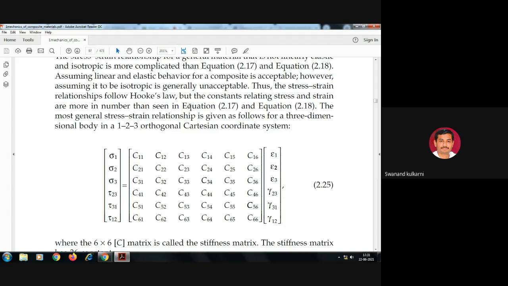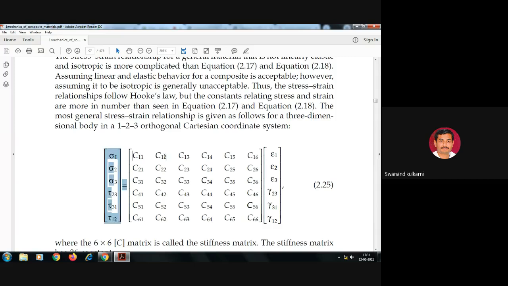Let us see what is going to happen. Here we have C11 into epsilon 1, C12 into epsilon 2, C13 into epsilon 3. Likewise, the remaining three, C14, C15, C16, into gamma 23, gamma 31 and gamma 12.